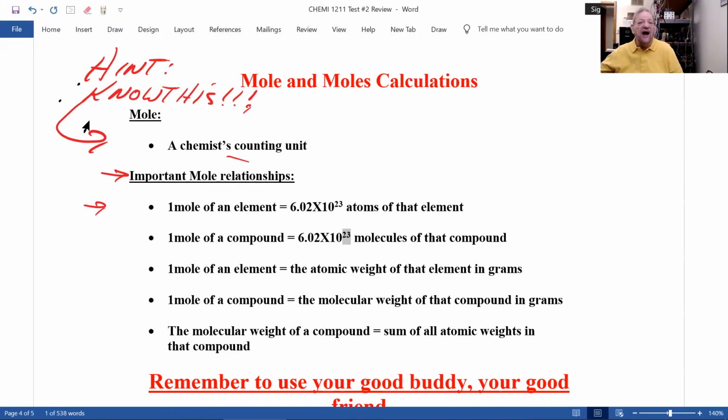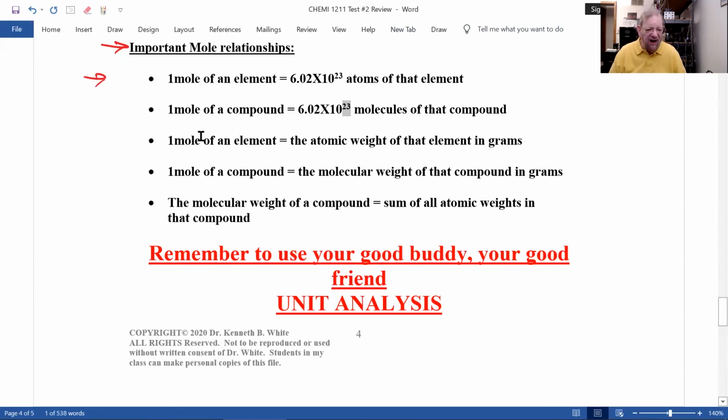And I showed you how to convert from moles to molecules, or moles of an element to atoms, or moles of a compound to molecules, and back and forth again. And how do we do that? We used your good buddy, your good friend, unit analysis, which we went through the practice problems here.